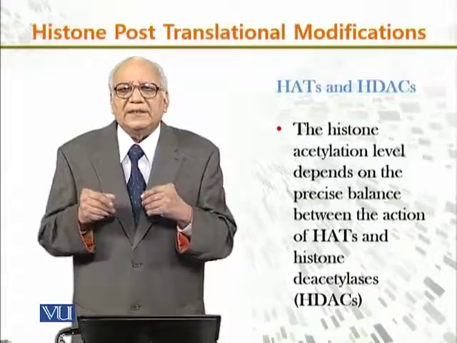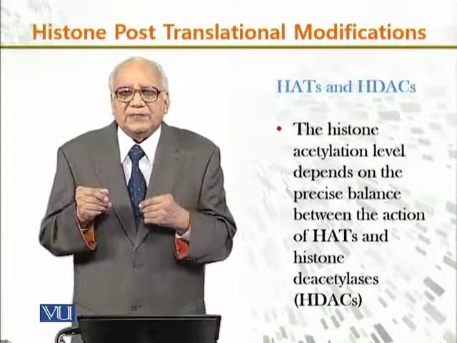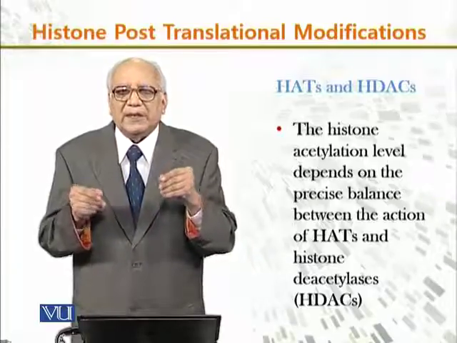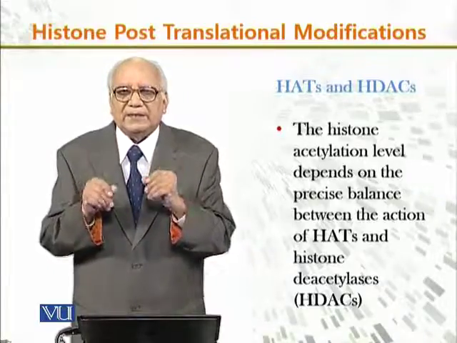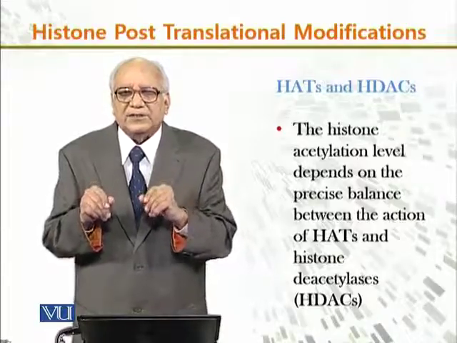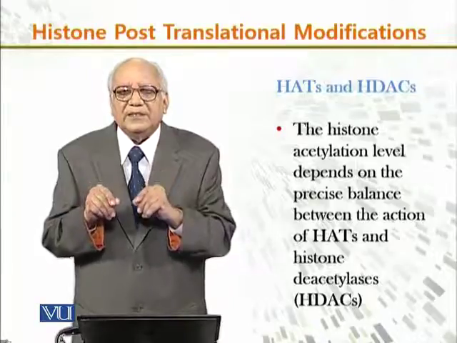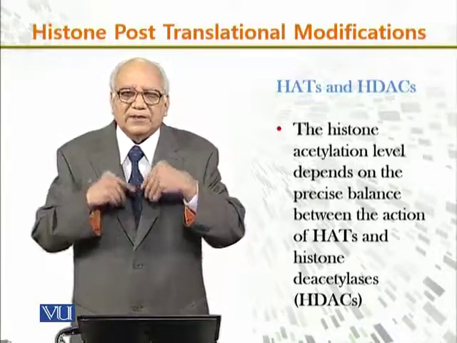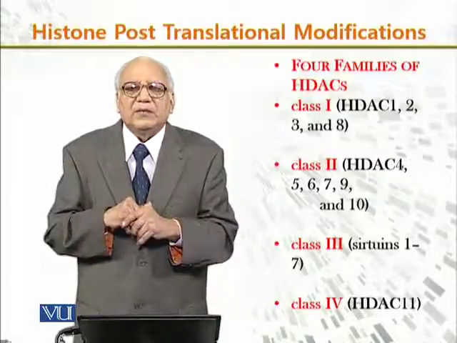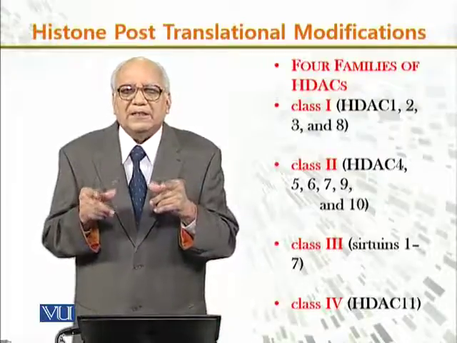Now, HATs and HDACs: the histone acetylation level depends on the precise balance between the action of HATs and histone deacetylases, that is HDACs. That is where one is acetylating and the other one is deacetylating. Now, there are 4 families of HDACs.